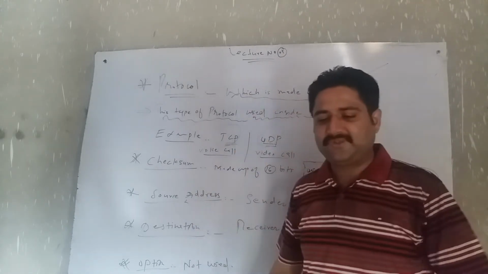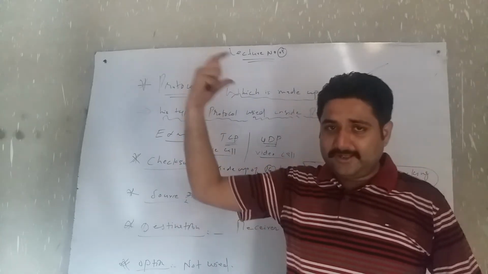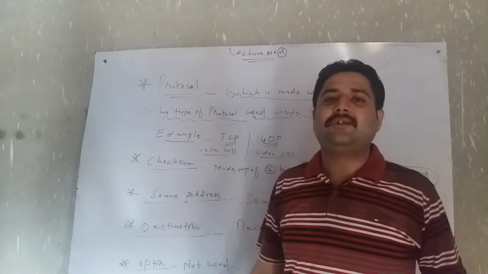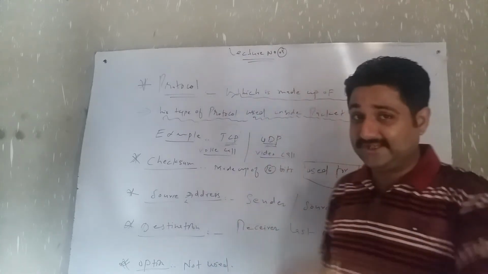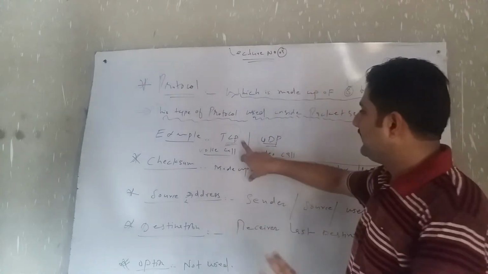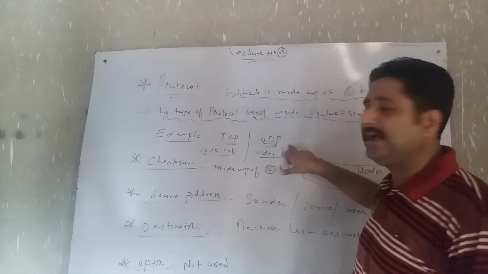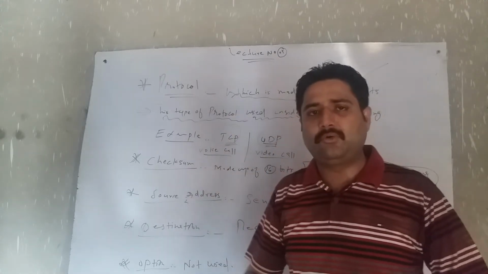I hope you are clear about TCP and UDP from my previous lecture, the TCP/IP model, TCP vs UDP; you can watch that too. TCP stands for transmission control protocol, and UDP stands for user datagram protocol.